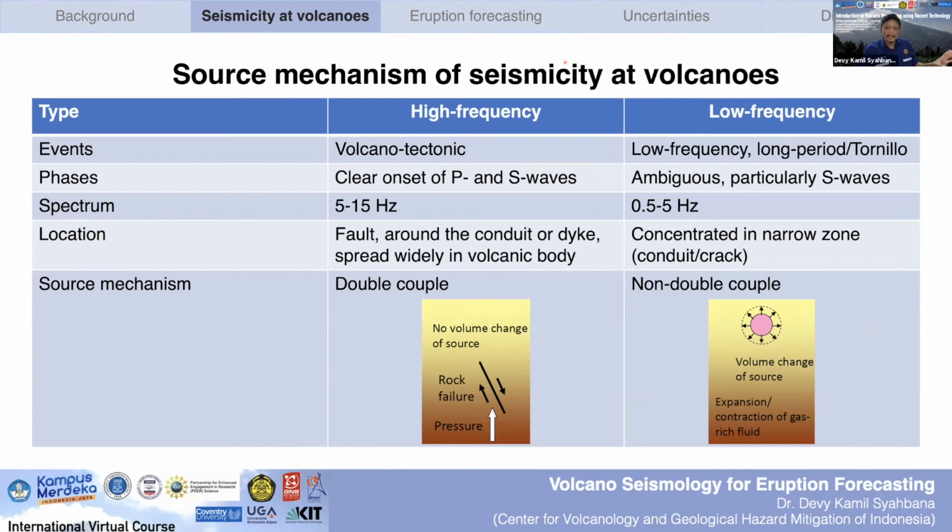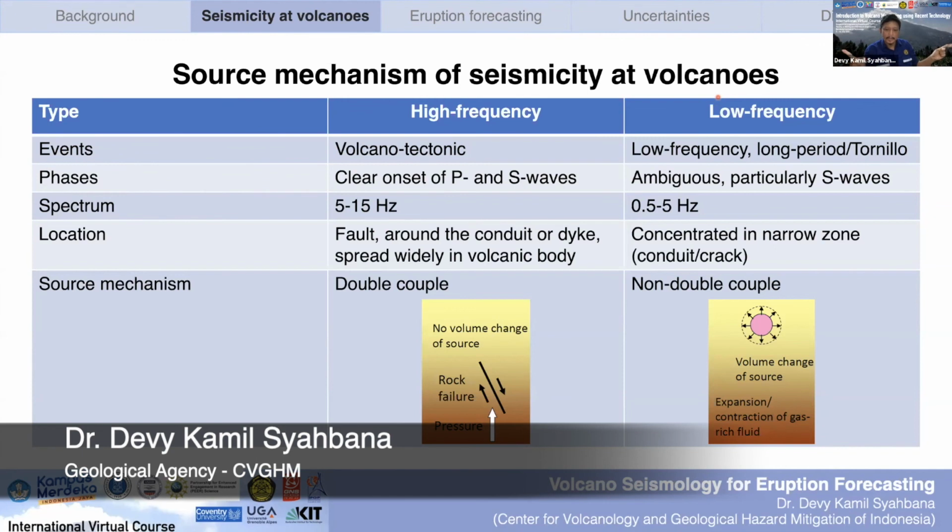And the source mechanism for the high frequency event is like the classical tectonic earthquakes. You have a double couple source mechanism, because when the magma is moving toward the surface from depth, it may cause rock failure or slip on faults, but there is no volume change of the source.